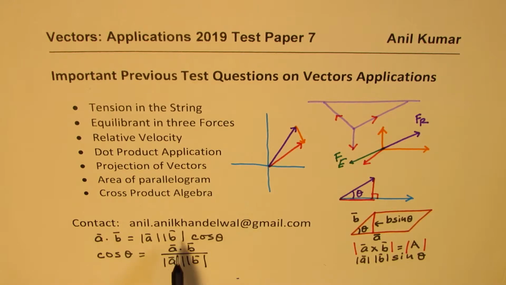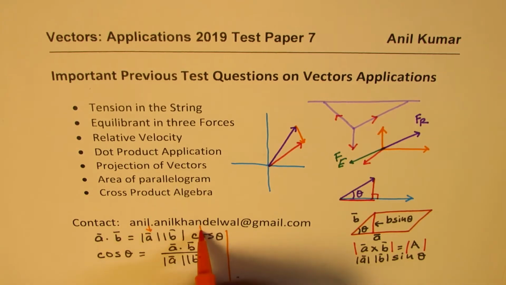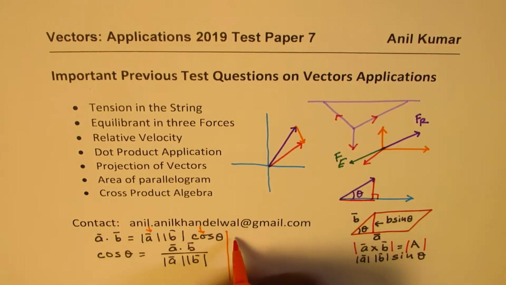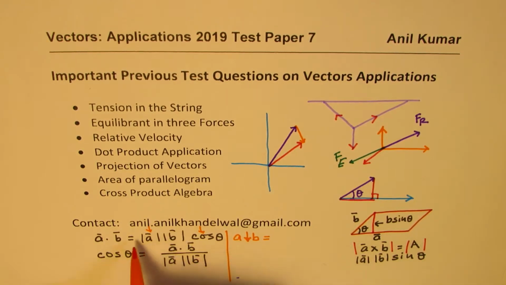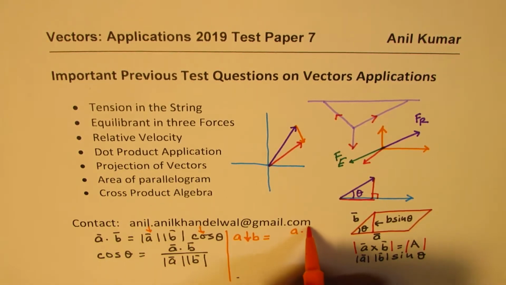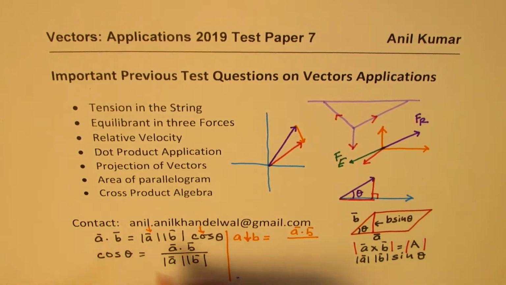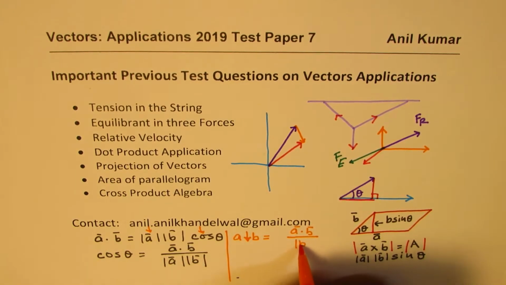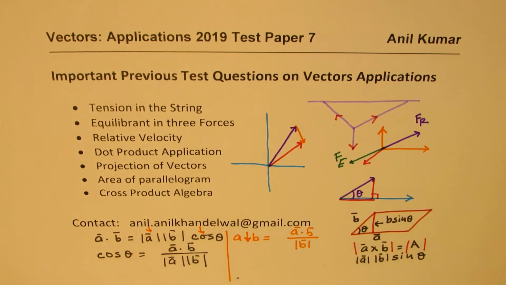So a part of this formula also gives you the projection, which is right here. Combining these two components, we get the projection of A on B can be written as A dot B over the magnitude of B, right? So that gives you the projection.